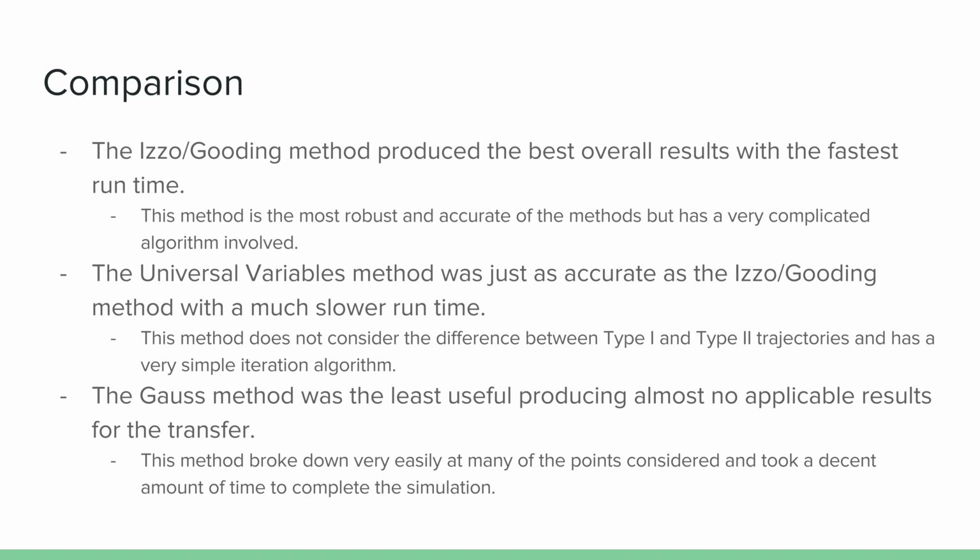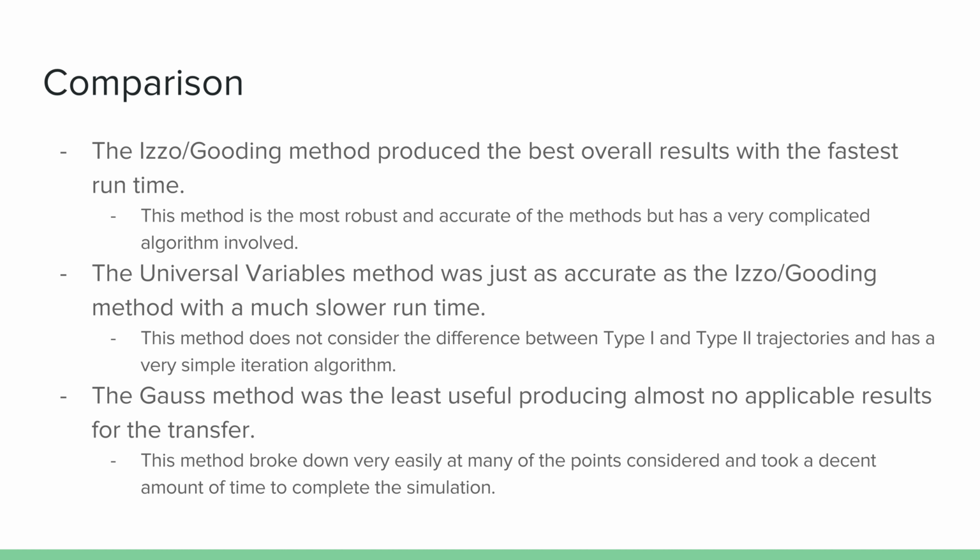So just a comparison between the three. So the Izzo-Gooding method produced the best overall results, and it definitely had the fastest results, and it was extremely accurate, especially compared to the baseline. And the universal variables method, although it was also very accurate, it's pretty much unbearably slow and should really only be used for very small amounts of data.